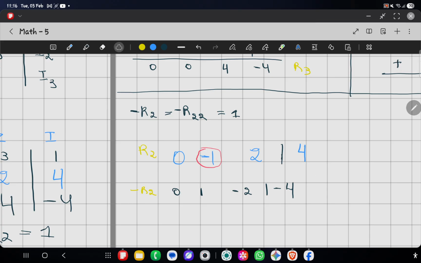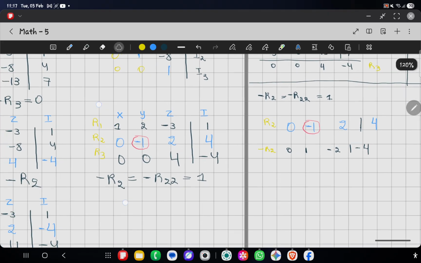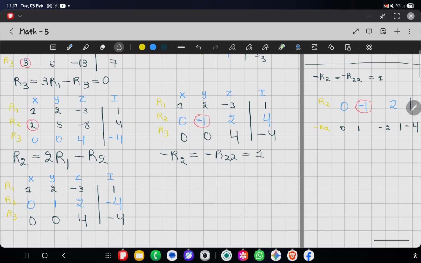Just corrected the 6 to 4 as it was. So you times everything by negative, then you get to this, and then just copy. And then you're going to end up with this matrix.